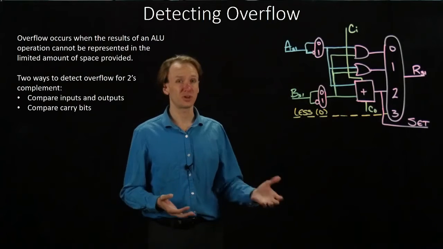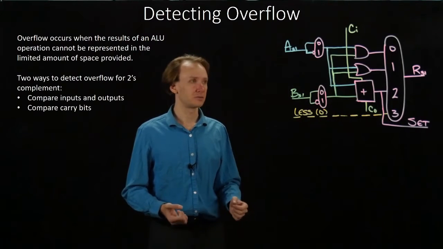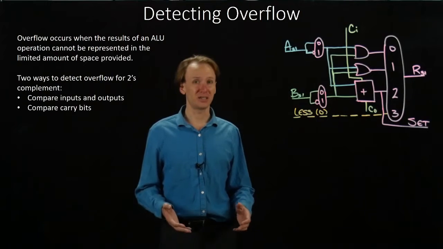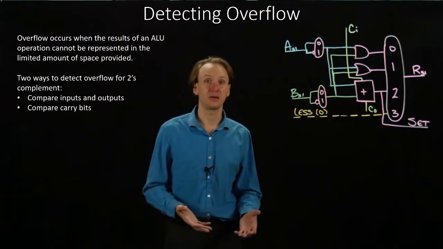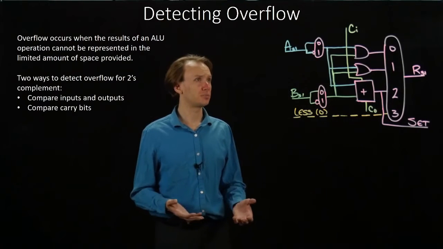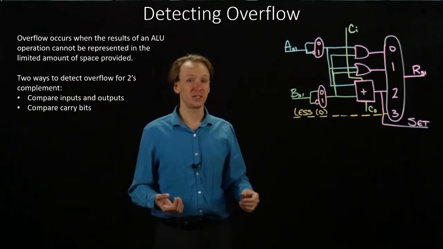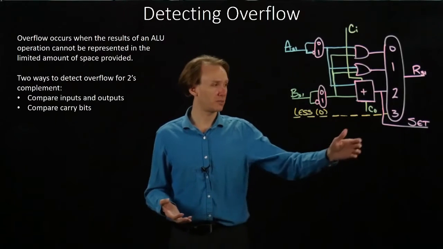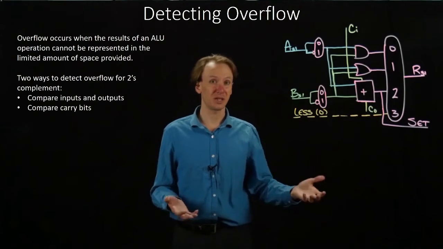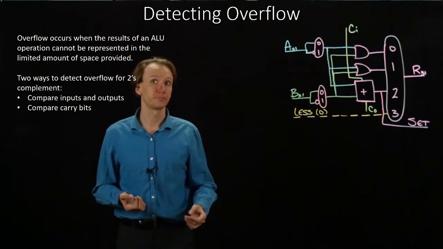But if we add two really, really large positive numbers together, the most significant bit might get changed to a 1, in which case the number would look like it's negative. So we could detect this by looking at the two inputs coming in, seeing if they're both positive or both negative, and then checking to see if the result coming out of the adder is the same sign or not. If they're different signs, then we have overflow.